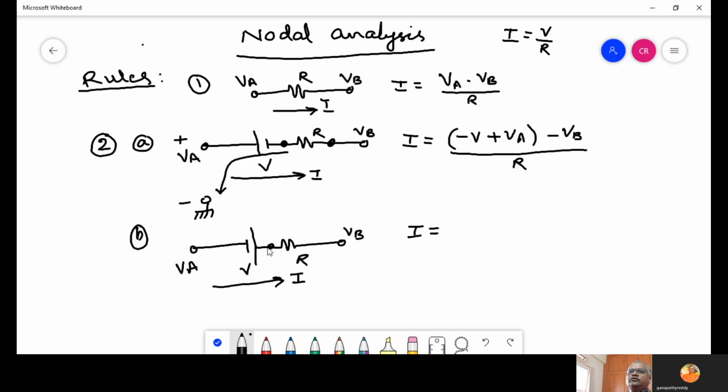Always this voltage you have to find first. We want current this side now. This voltage minus this. But what is this? So start here, go to ground. What do you get? V plus VA, minus VB, by R. Just we are discussing all possibilities.